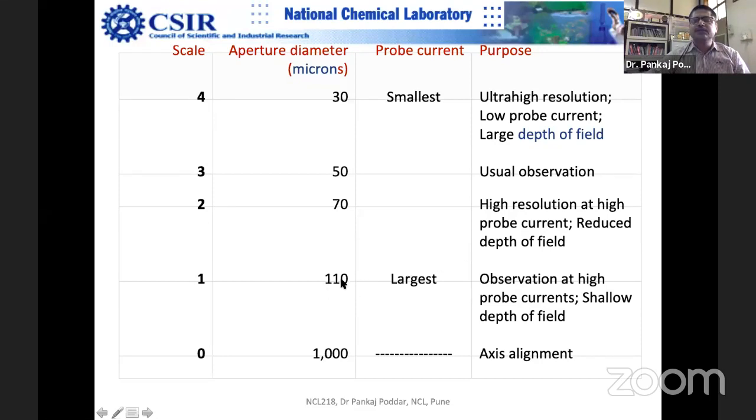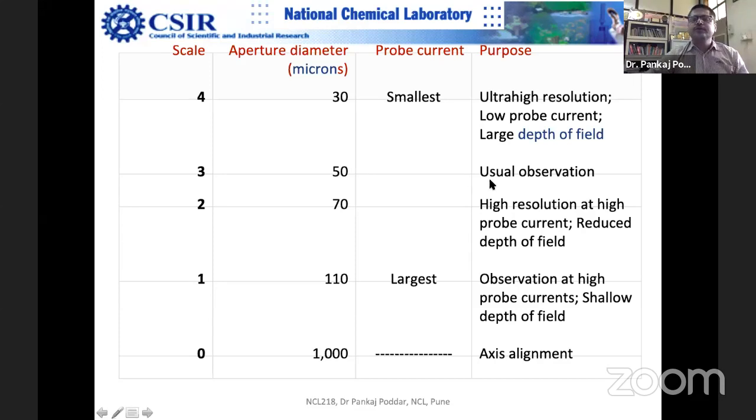Because the larger the aperture, the shallower the depth of field; the smaller the aperture angle, the much deeper the depth of field or depth of focus, both. The depth of field is in the object plane, and depth of focus is in the image plane. Both are important concepts.